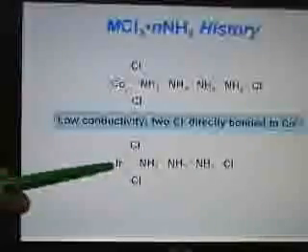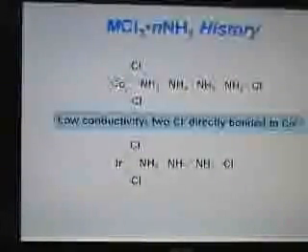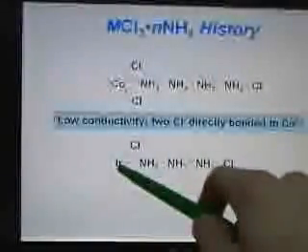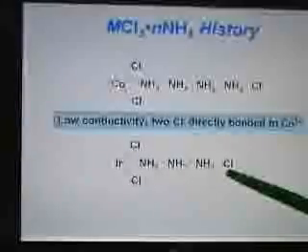Finally, when looking at the iridium compound, this structure suggests that 2 of the chlorides are stuck directly to the iridium and cannot dissociate from this compound. However, there are 3 NH3s between the iridium and this chloride.